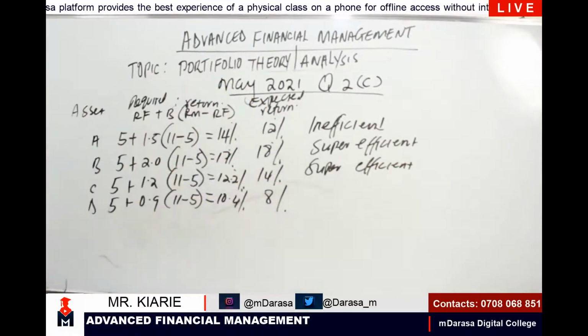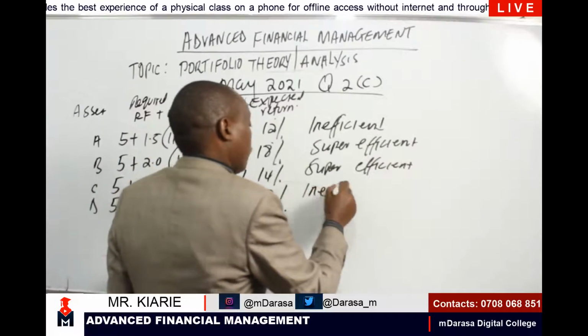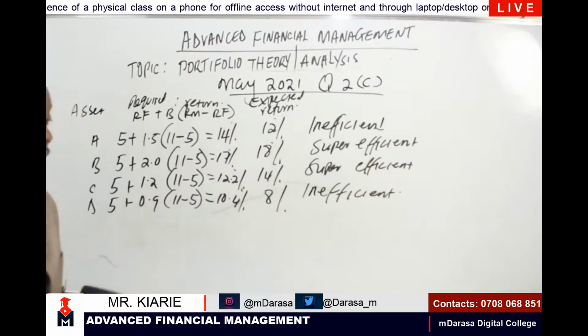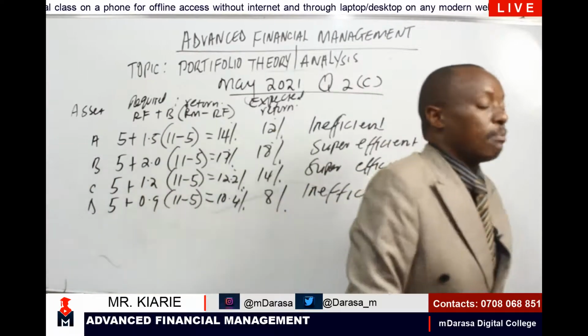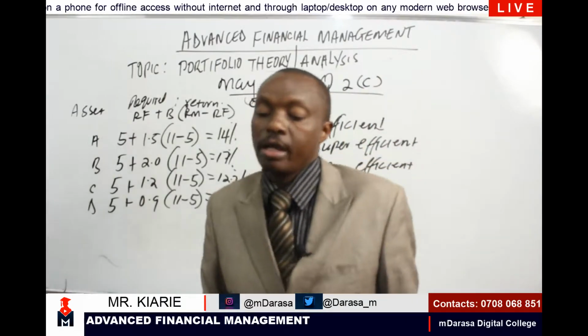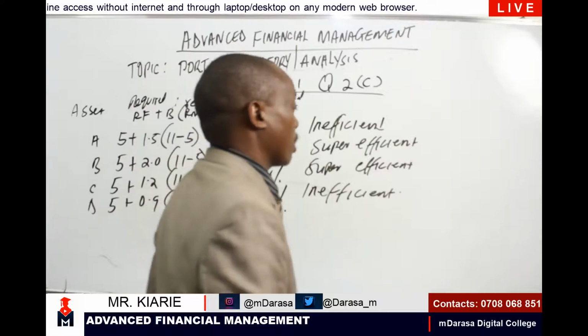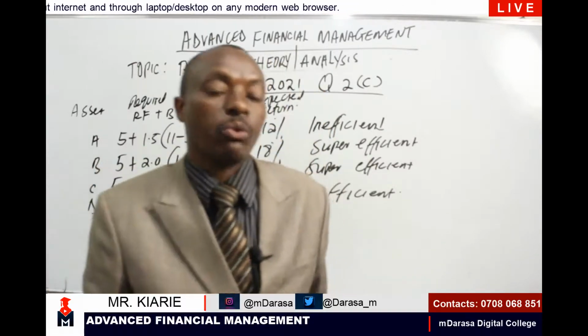Then for D, 8 is less, therefore it is inefficient. That is how you measure whether the performance of a portfolio is super efficient, inefficient, or efficient. And that's the solution to that question.